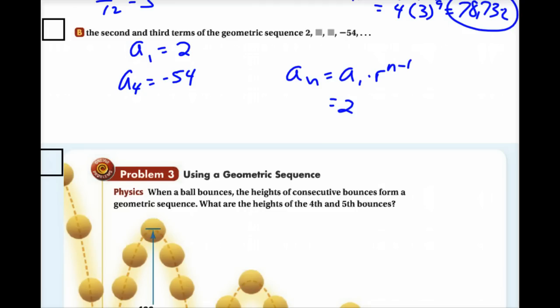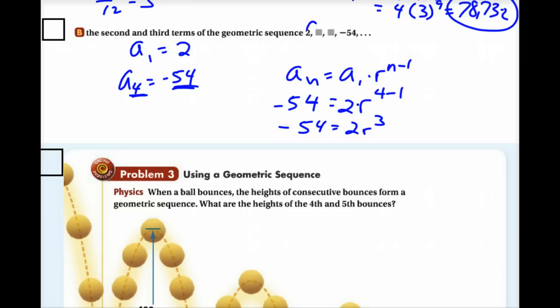But what I can do is plug in what I know. And what I know is, when I plug in 4 for n, I should get negative 54 for an answer. If I plug in 4, I should get negative 54. So that gives me an equation to work with that allows me to solve for R because that's the only variable in the problem. Let's see if that makes sense.